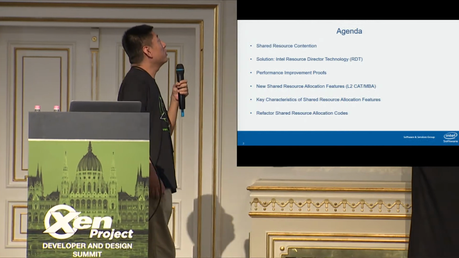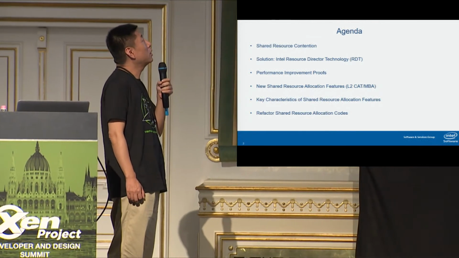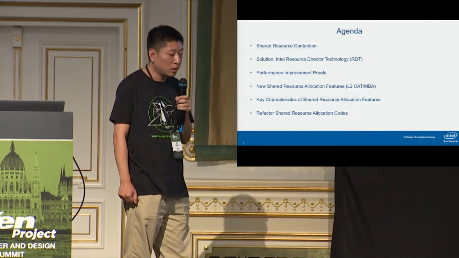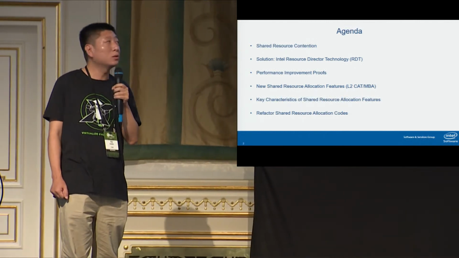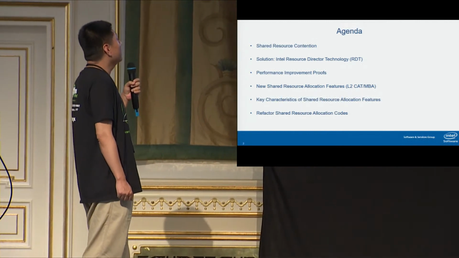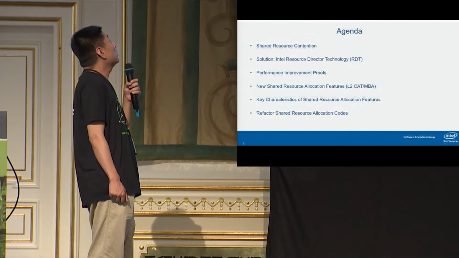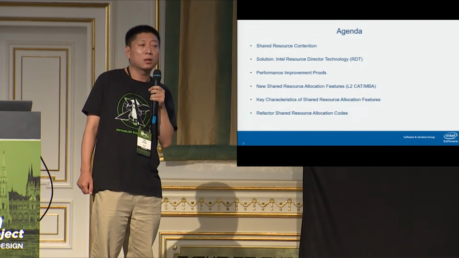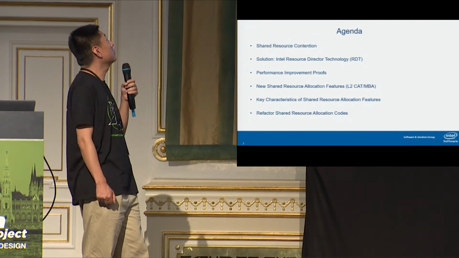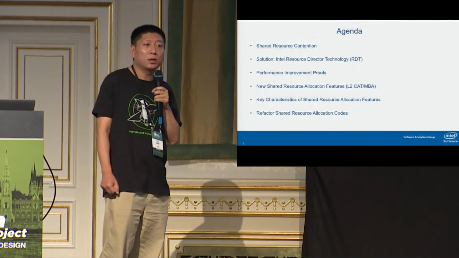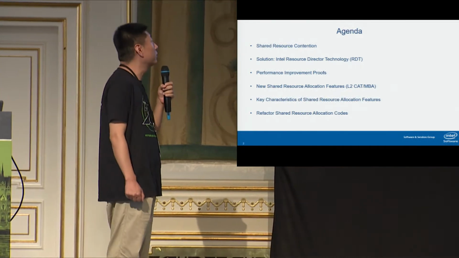Here is a brief agenda. The first is a brief overview of the shared resource contention, and also Intel Resource Director technology, to give us a solution for the resource contention. Also, I'd like to give a performance improvement proof.